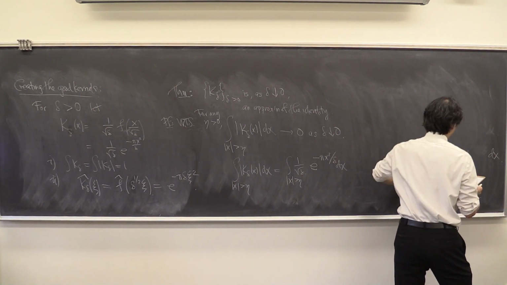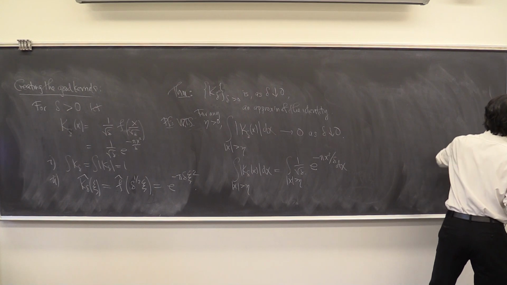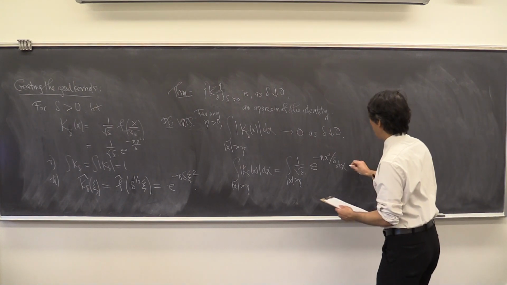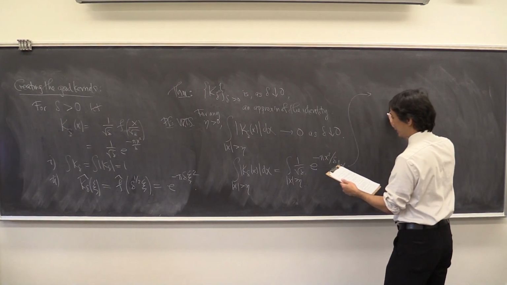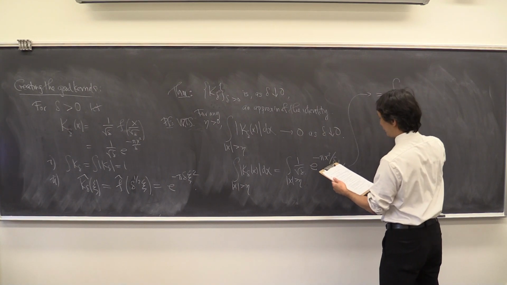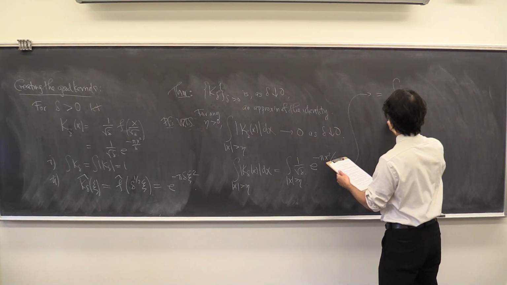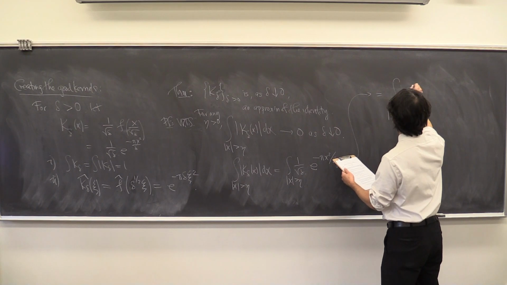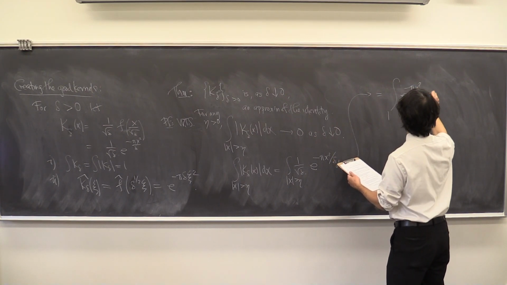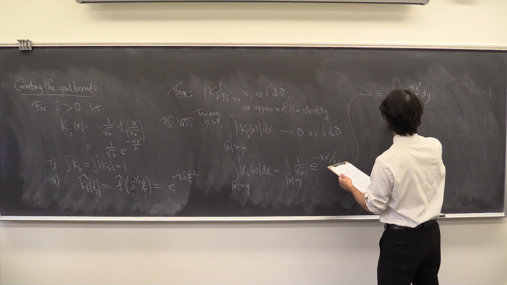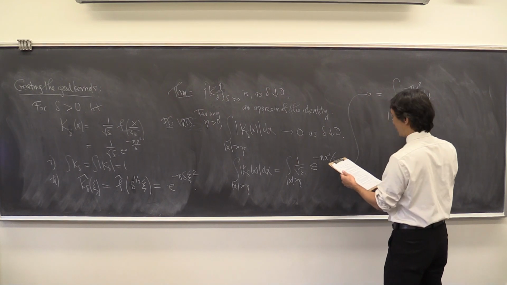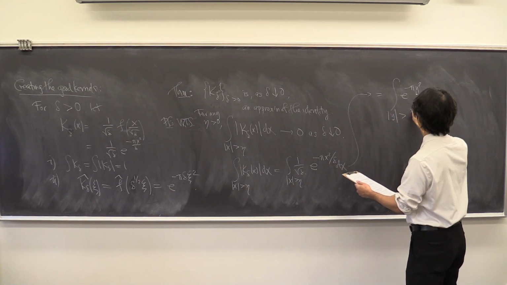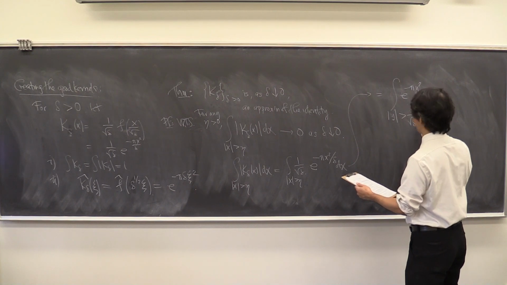But we can do a change of variables on that and see that it's the same thing as the integral of e to the negative pi y squared dy, over the region outside of eta over root delta.